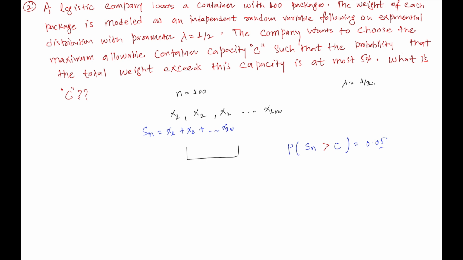This probability will be the same as the probability that this random variable Sn, in its standardized version. First we subtract the mean, and the mean that we have seen from the last problem is 200. We do this both sides, so C minus 200, and we also divide by the standard deviation, which we have seen is 20, and it is equal to 0.05.